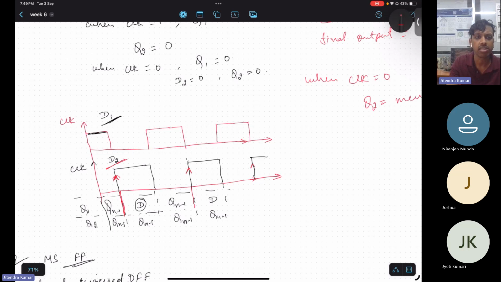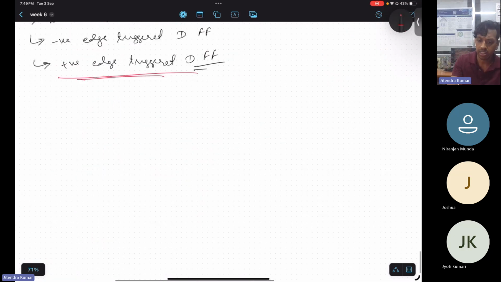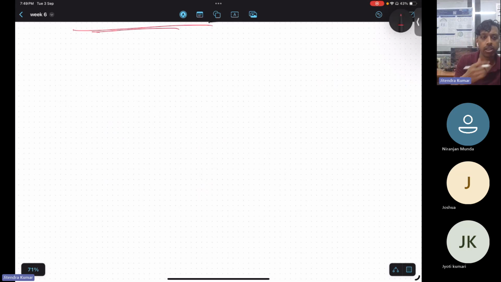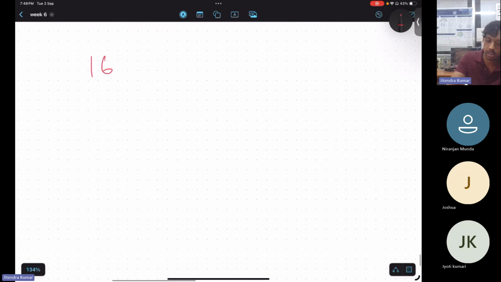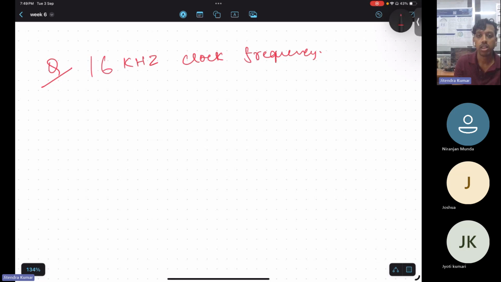Yeah, frequency calculation. So basically, there is one expression. We have a 16 kilohertz clock frequency, and we have to get 2 kilohertz as an output.